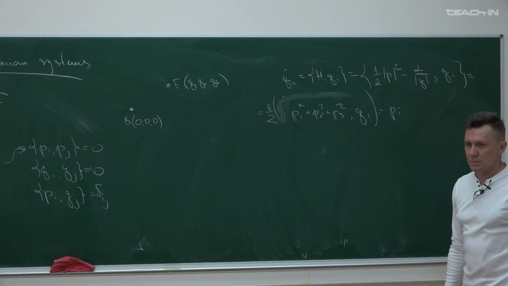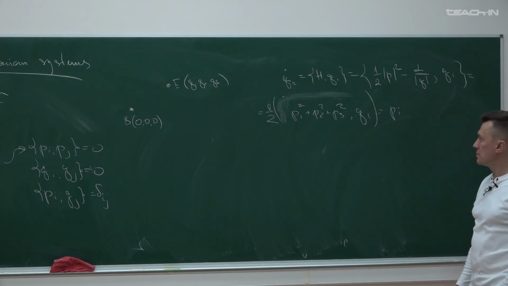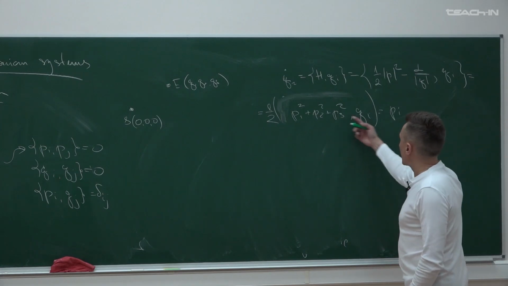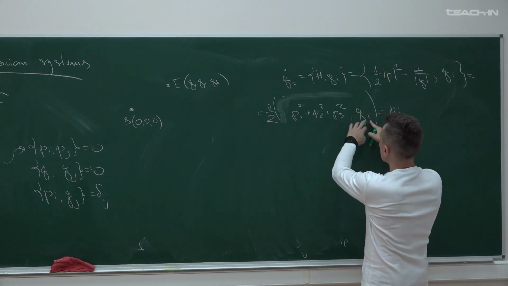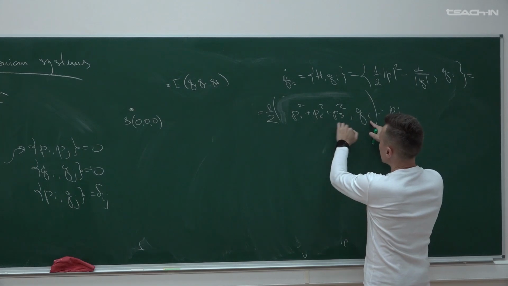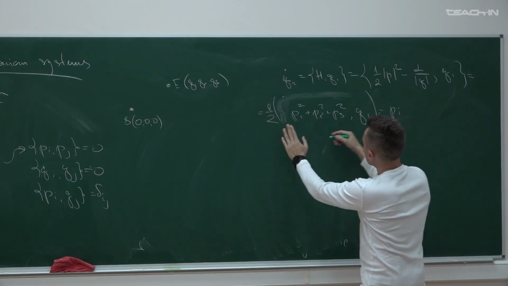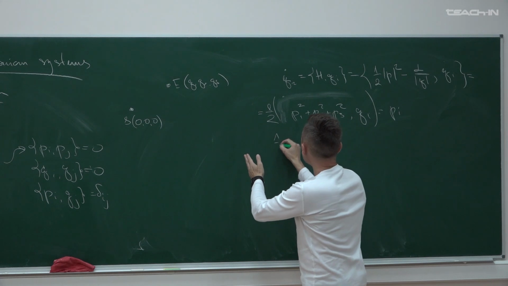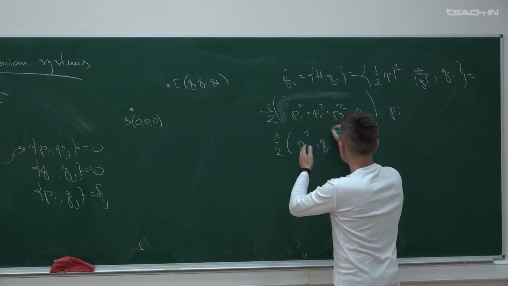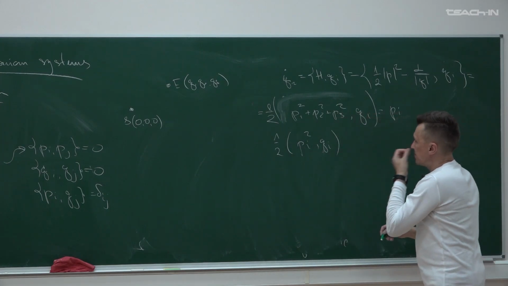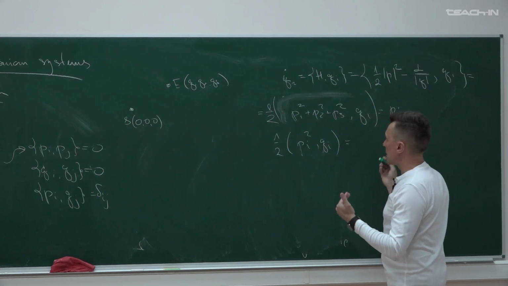Is it okay? So the only non-trivial Poisson bracket here is with the same i. So we can replace it by one half p_i squared with q_i, and here we calculate it by the Leibniz rule.